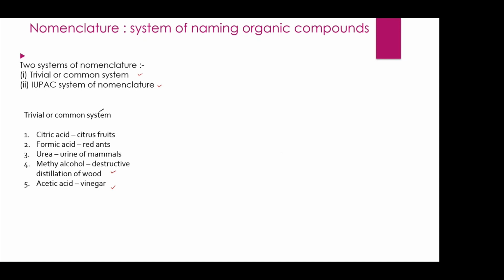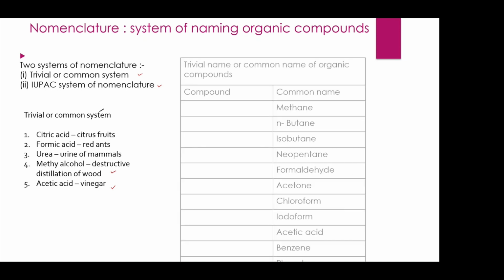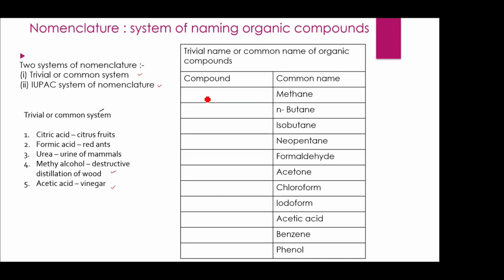Let's see some more examples for the trivial or common system. CH4 is methane. Next is butane, CH3CH2CH2CH3. Next is isobutane.